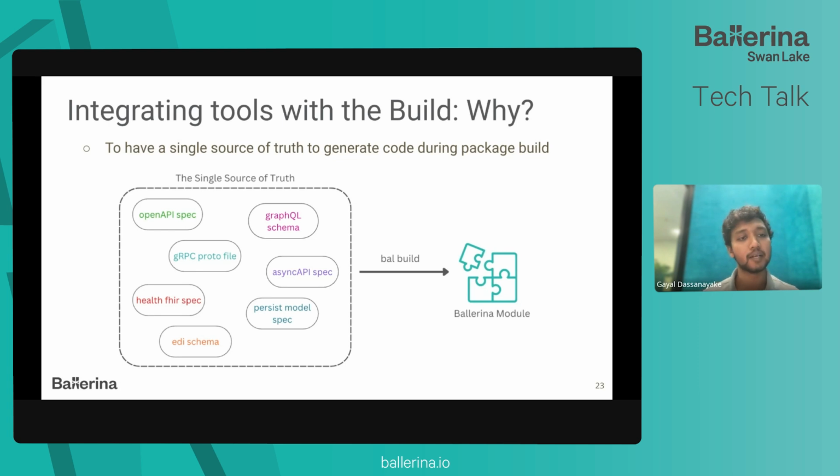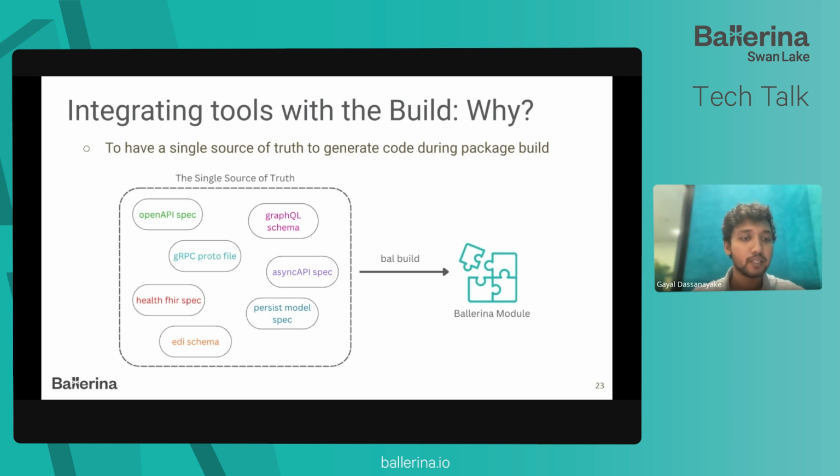How integrating tools with the package build helps there is we can just integrate a tool into your package, and when you do a bal build, automatically all the client source code, in this case the OpenAPI client source code, will be generated, and it will be compiled at once as well. So even if you do a simple change in your OpenAPI specification, next time you do a bal build, the client code will be changed again.